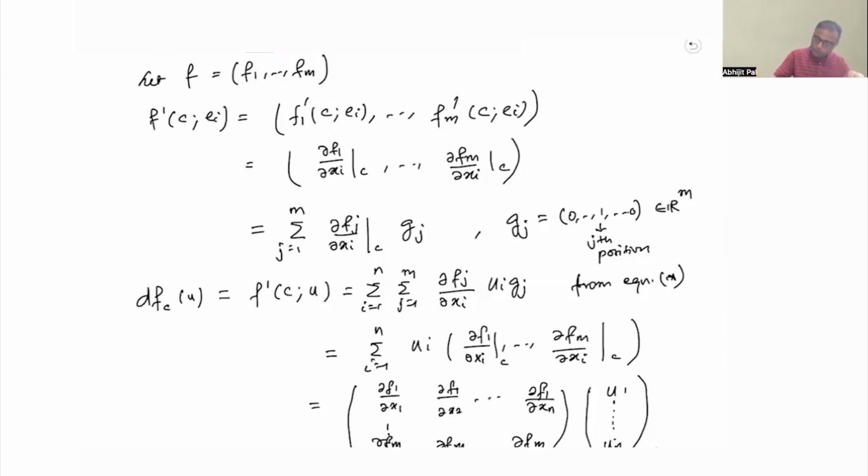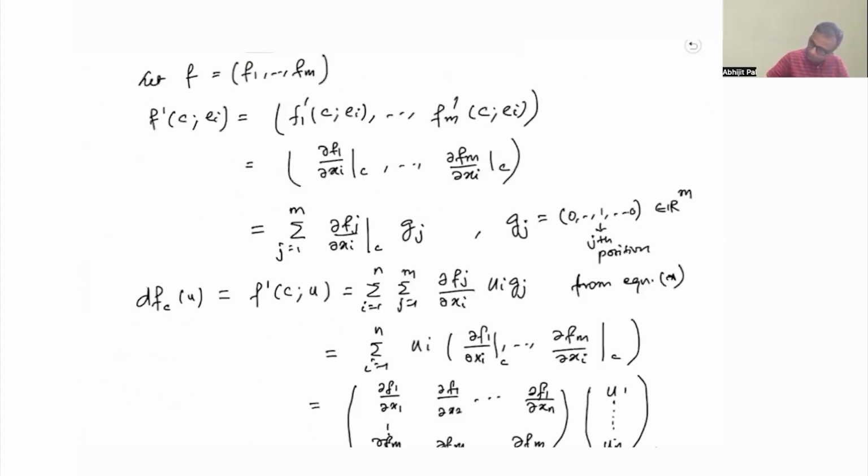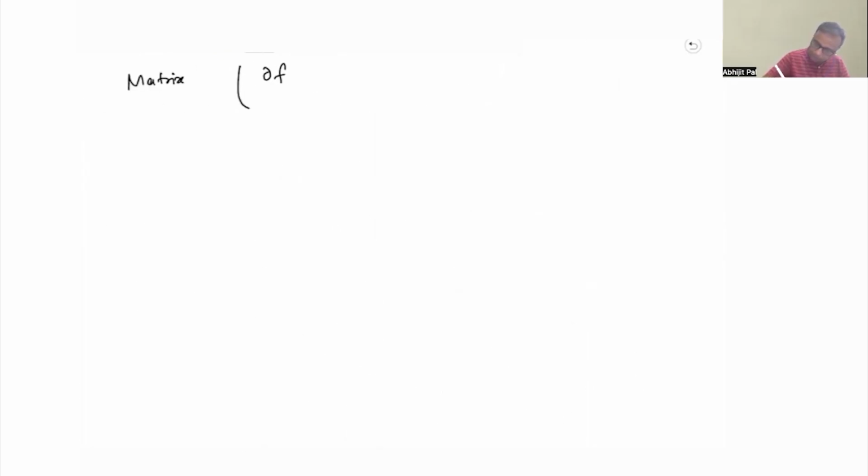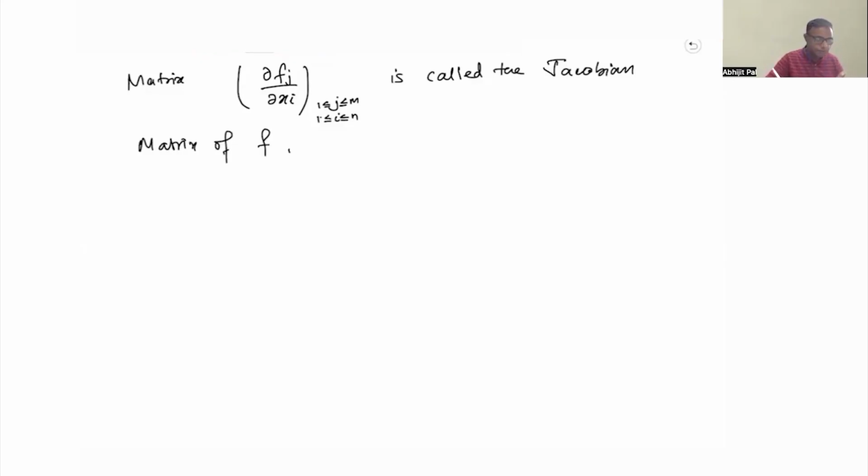This matrix, del f, of order m cross n, is called the Jacobian matrix of f.